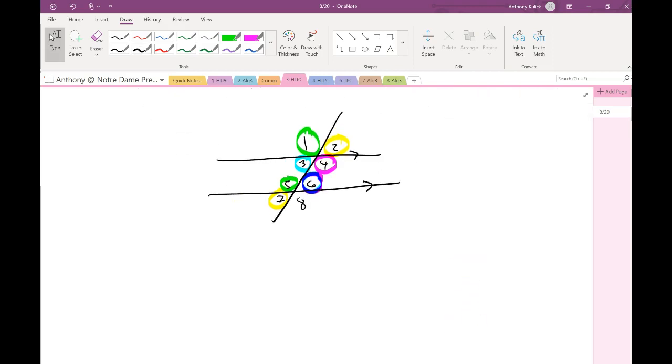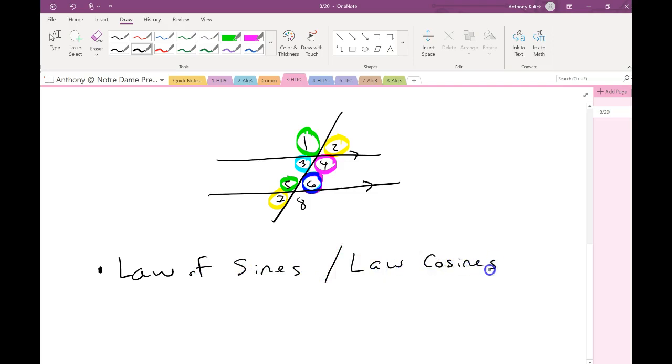What else do we have here? Good. So some of you might remember this from geometry. You would have spent a little bit of time talking about the law of sines and law of cosines and doing some problems related to those. If it doesn't really sound familiar, it's because it was like 2 days from a class that you took 2 years ago, in the second semester. So if you don't remember those, that's okay.